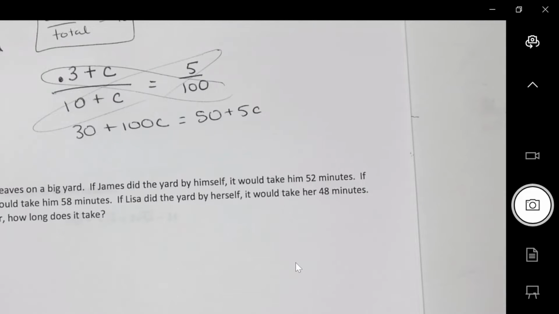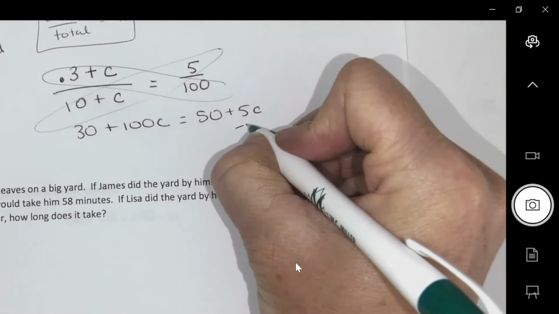Now, which algebra strategy would you go with on this? This one is only one variable. You only have one variable, so it's an isolate. So let's group the C's together.